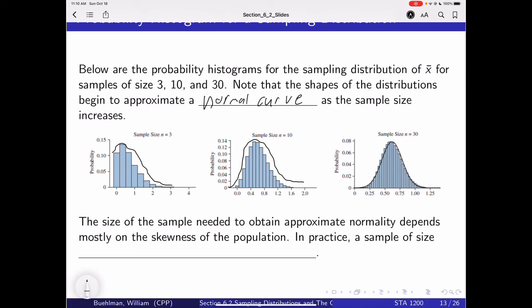The sample size needed to obtain approximate normality depends mostly on the skewness of the population. In practice, a sample size n greater than 30 is large enough.